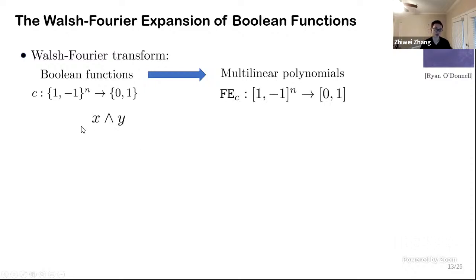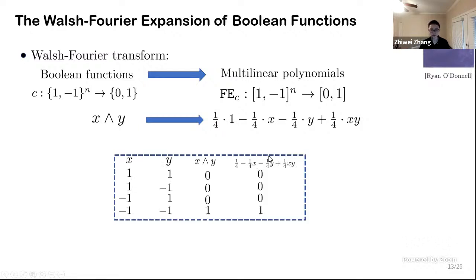For example, if the formula is x and y, then I will claim that this polynomial is the Fourier expansion. The reason is if you evaluate this polynomial on all the 4 possible discrete assignments, you will see that the Boolean function and the polynomial agree with each other.